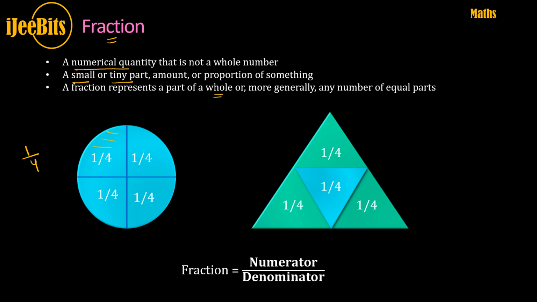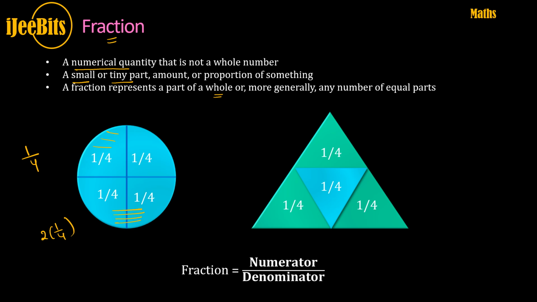This is a fraction. If I use this total representation, then I am using 2 parts of 1 by 4. This is your fraction. That's why we say a part of a whole number. It is not the whole, but a part of the whole. A tiny, small portion of the whole is called a fraction.